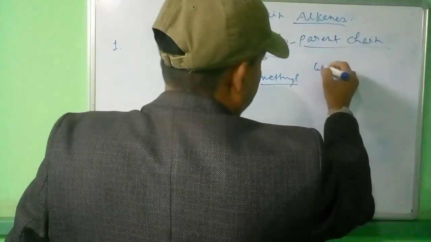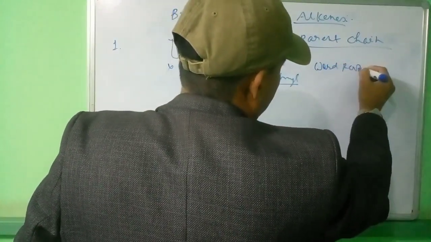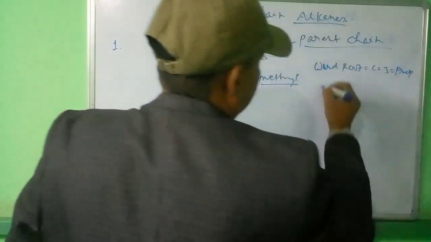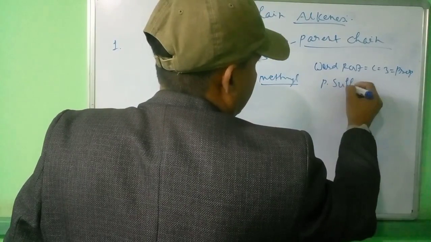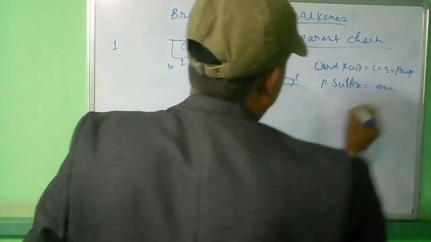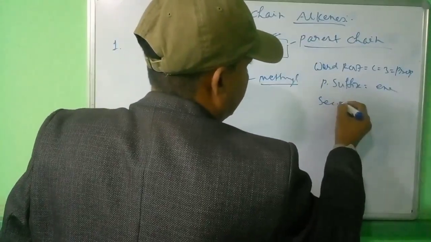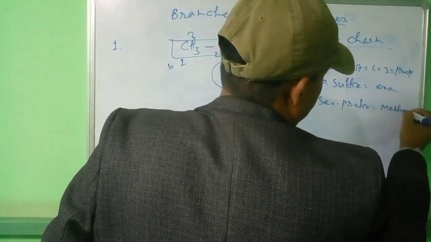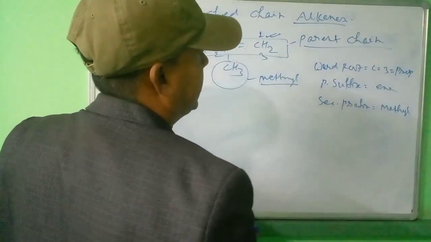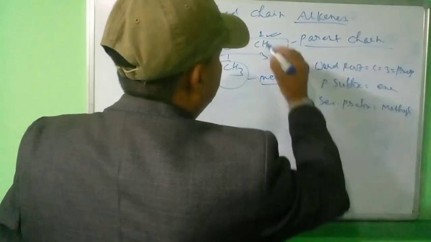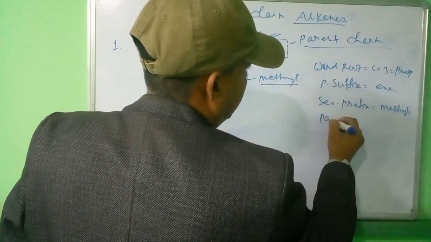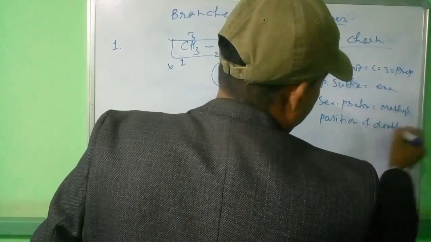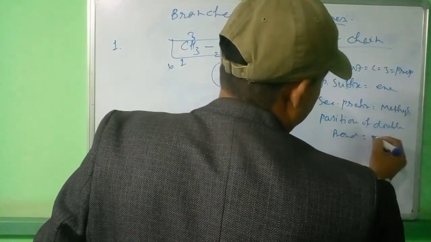Now the word root. C equals 3, so prop is the word root. Primary suffix: ene. Secondary prefix: methyl group. And the position of the double bond is first.